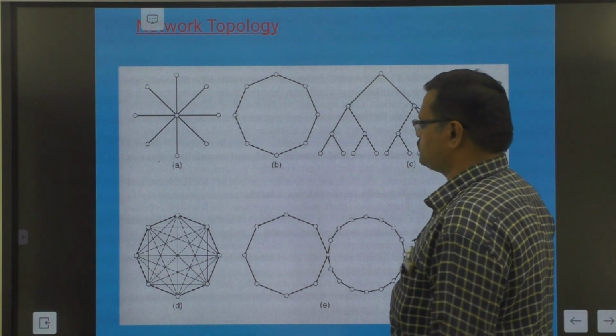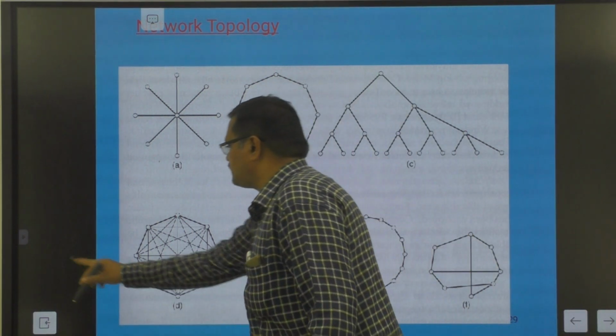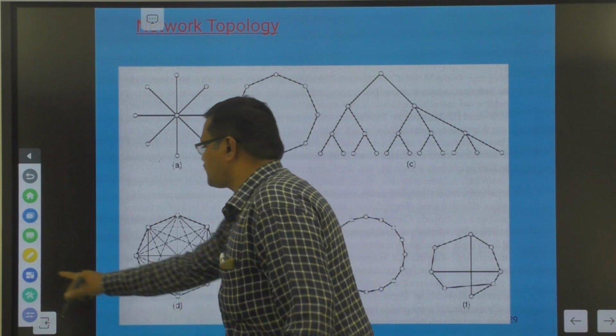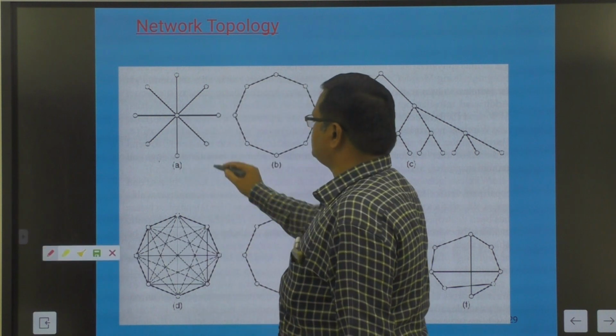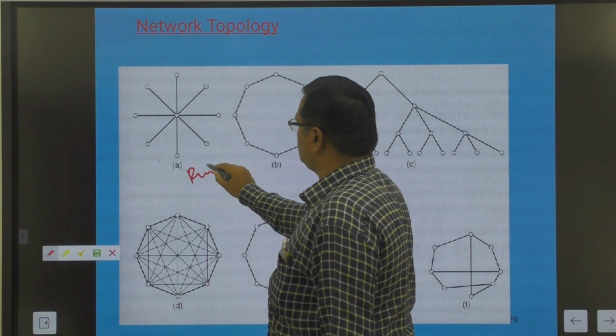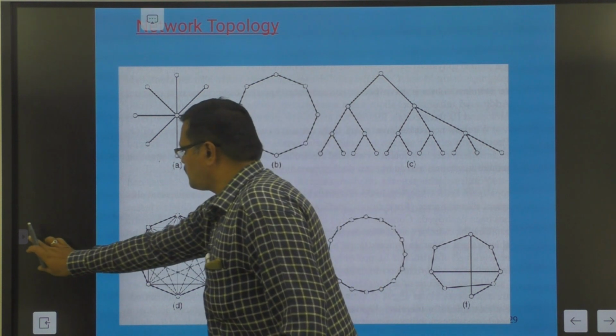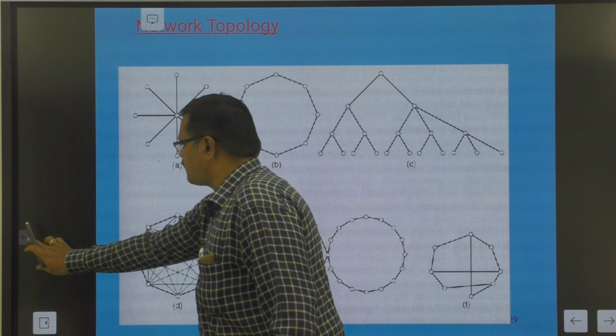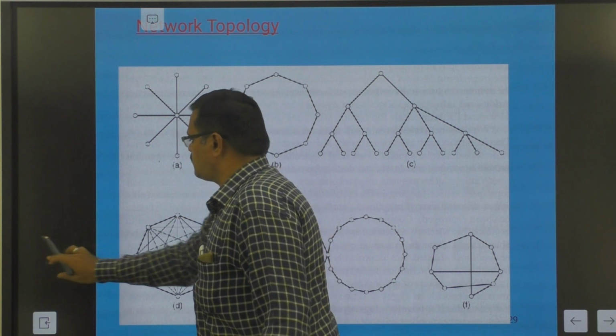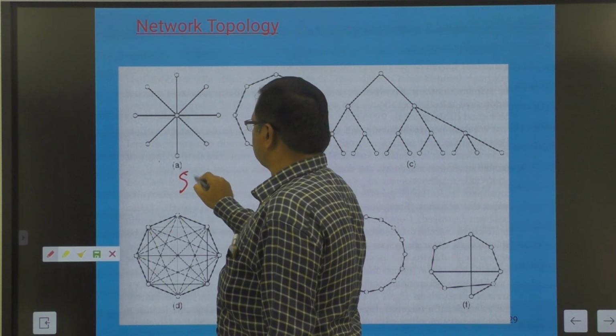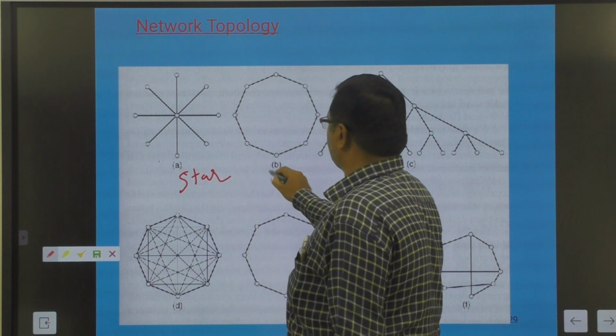Network topologies. So we discussed in the beginning that we have different types of network topologies. So this is a ring. So this is star, sorry. This is star. This is a ring.